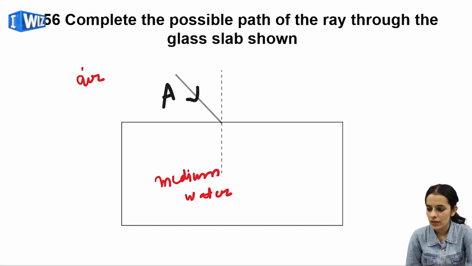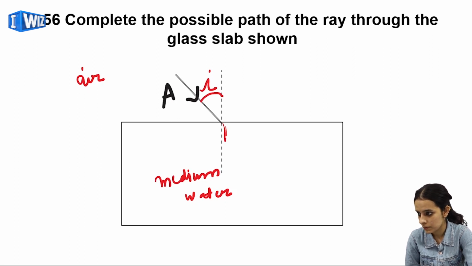This one is the incident ray. The angle made by the incident ray with the normal is called the angle of incidence. And when it goes from one medium to another, and in this case from rarer to denser, it will bend towards the normal. It will bend like this.